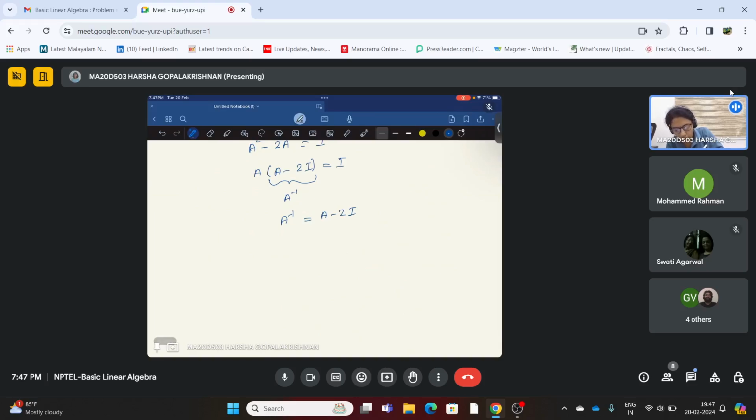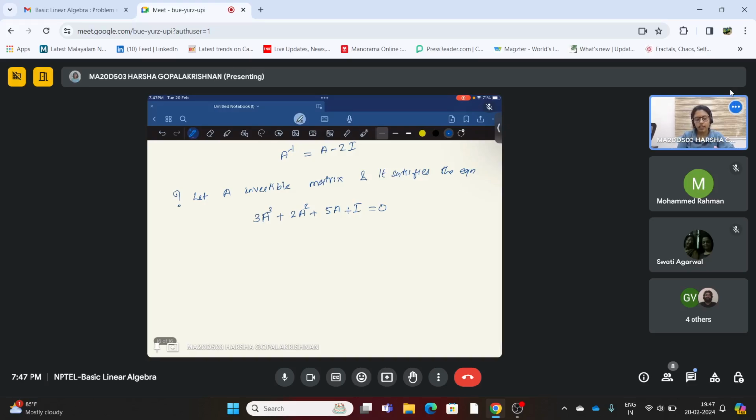Now one similar question. Given A is an invertible matrix, and it satisfies the equation 3A cube plus 2A square plus 5A plus I equal to 0.